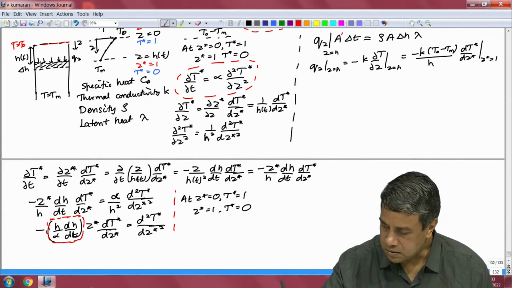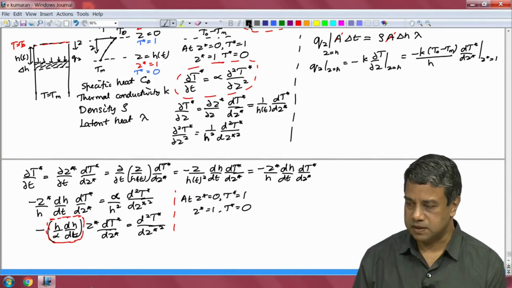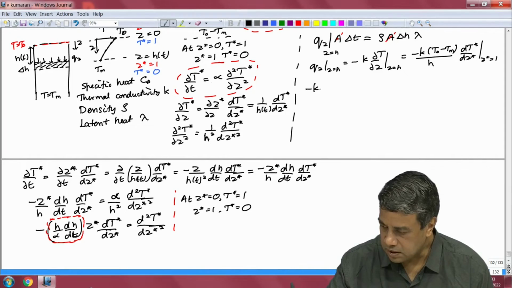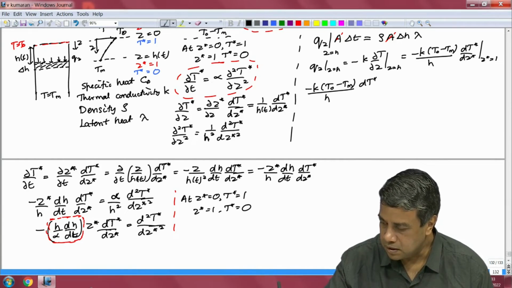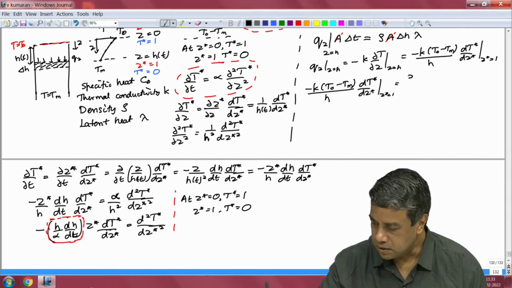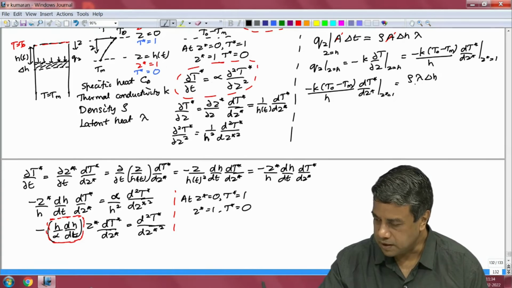The area cancels out on both sides of this equation, and therefore I have minus k into T naught minus T m by h, dT by dz at z equal to 1, is equal to rho lambda delta h divided by delta t.